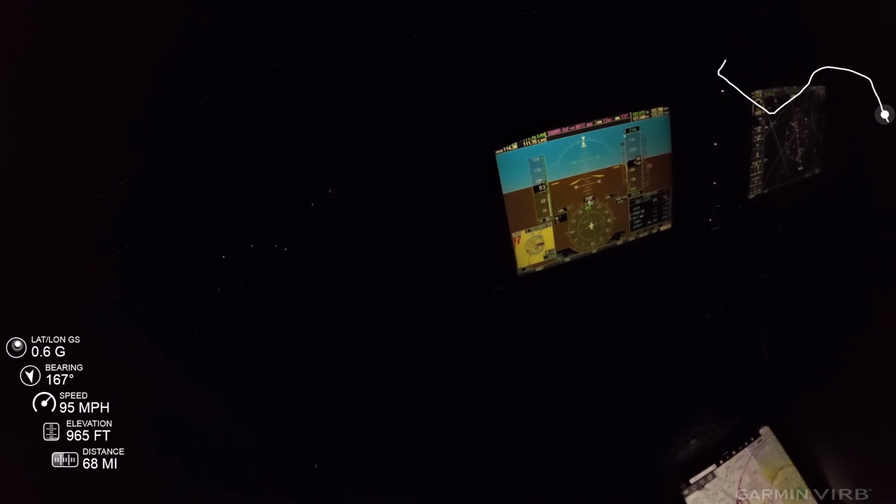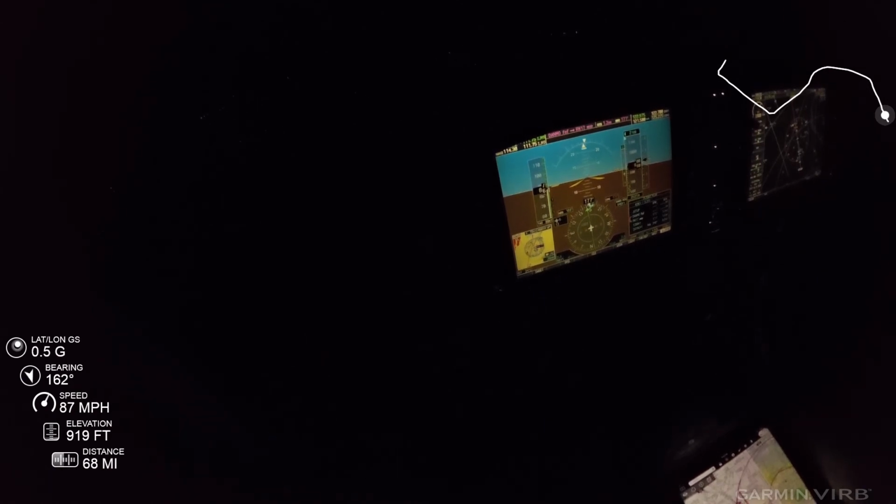Leesburg traffic, Scavengers 220, inbound runway 17, straight in. 60, glide slope is a little below us, we're on course. Glide slope is way below us.